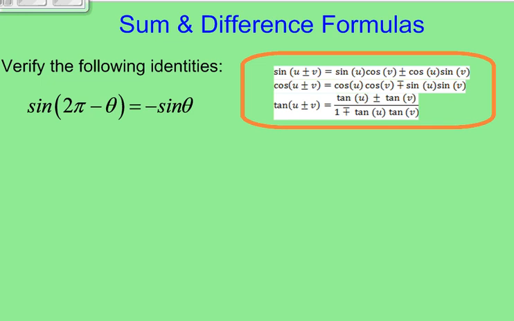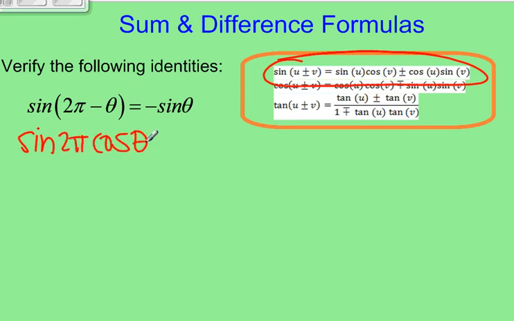Okay, so here we've got sine of 2 pi minus theta equals negative sine. So again, I'm going to follow the equation that's over here on the right for sine. So sine of 2 pi cosine of theta minus cosine of 2 pi sine of theta. Sine of 2 pi is 0.